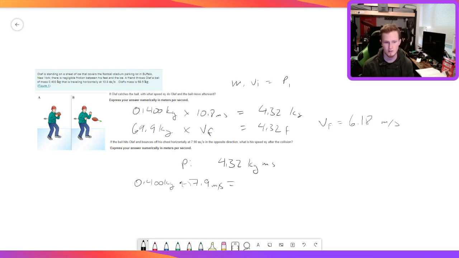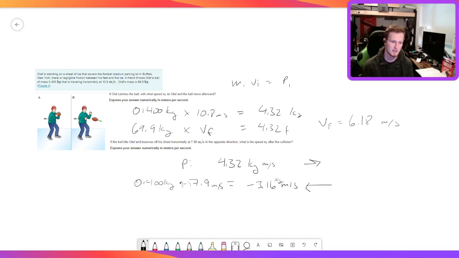That's just so that when I finish this equation out, it's going to look nice and pretty, because we're going to have, instead, negative 3.16 kilogram meters per second. So that's how much momentum is essentially continuing to move with the ball, but now it's moving in the opposite direction. It went in, it hit him, and it went back out.